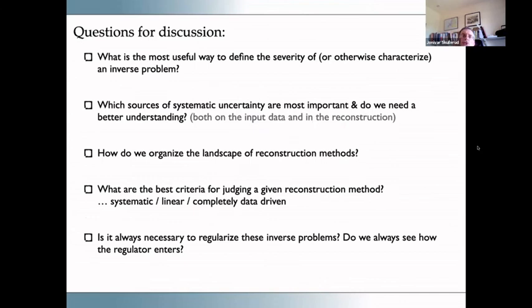It kind of goes to how we organize the landscape, but it's a question which I think has been raised already and is missing from these questions. When you organize a landscape of reconstruction methods, what are the strengths and weaknesses of the different methods? I think we're in a state where we do need different methods for different problems. Yeah.